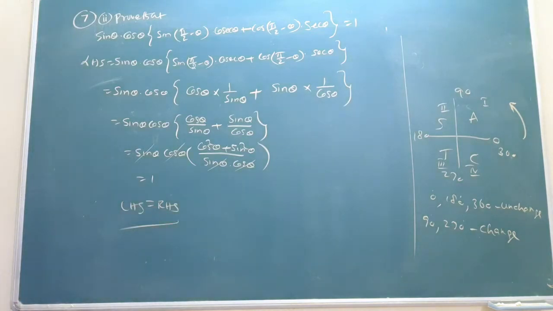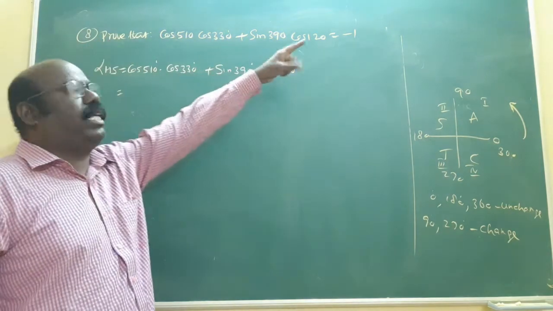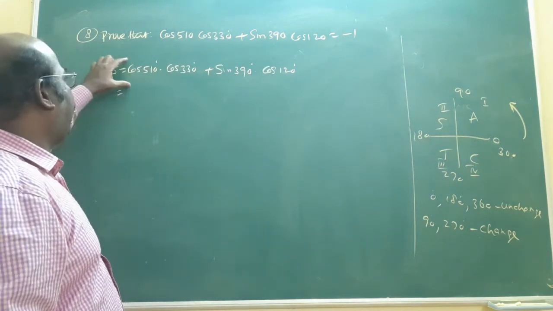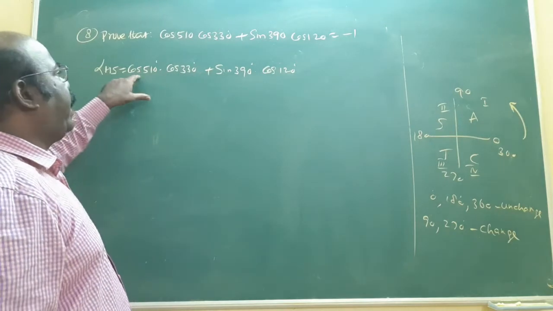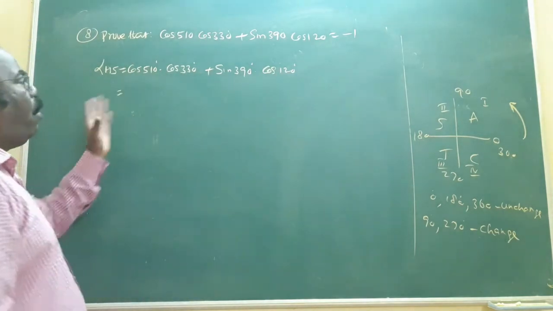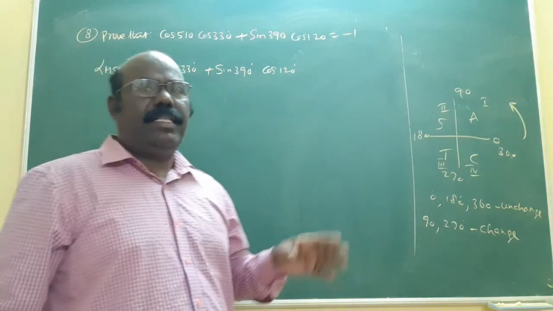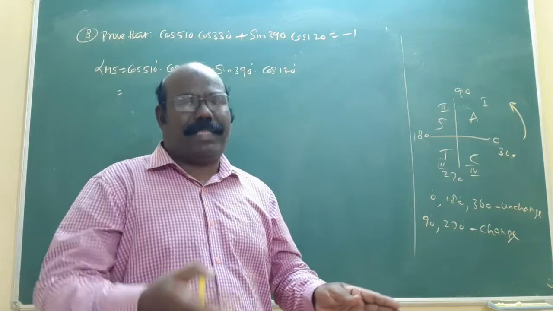By using this simple idea of simplification, we will get the answer. LHS equals RHS. That's all. Now the 8th question, prove that this equals minus 1. Again, start with the LHS. 510, cos 330, 390, cos 120. More than 360 will come in. What I told you? The given angle can be written as a multiple of 360 plus something.